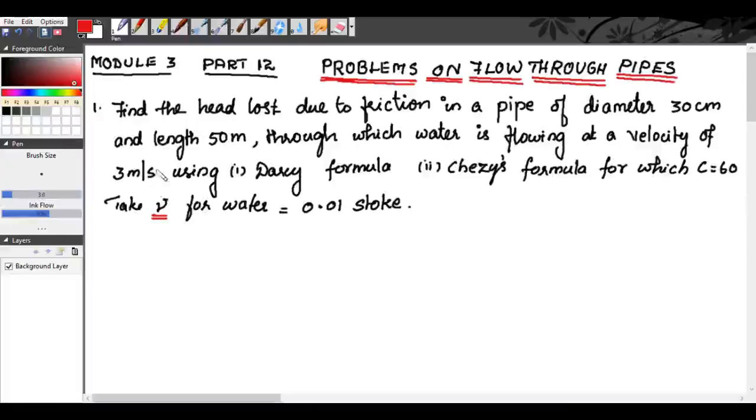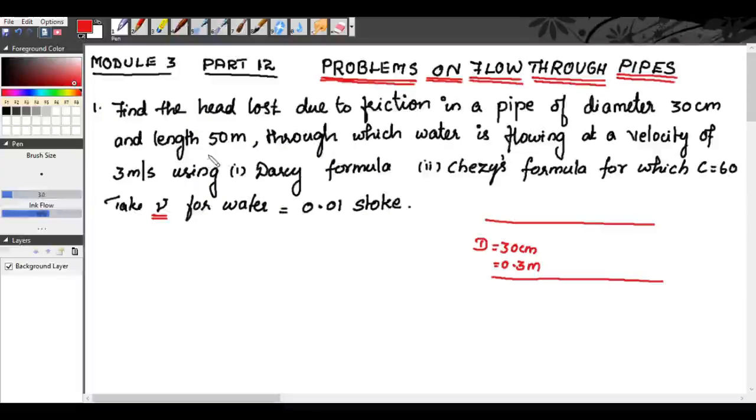Now see, find the head loss due to friction in a pipe of diameter 30 centimeter. So we will draw a pipe. The diameter of the pipe, small d, is 30 centimeter, that is equal to 0.3 meter.